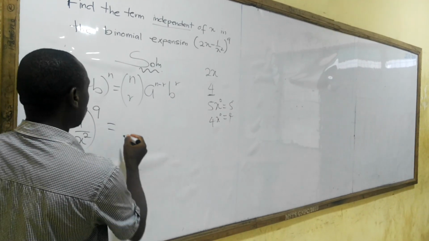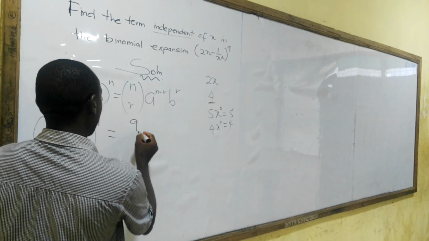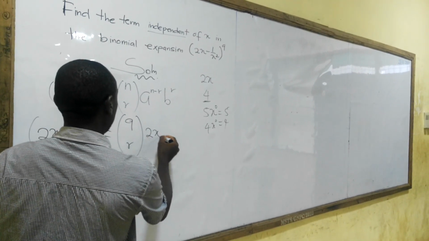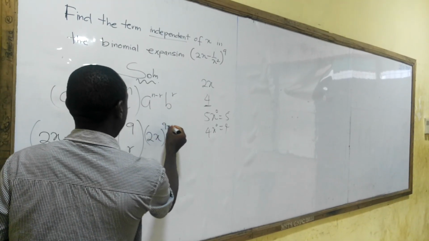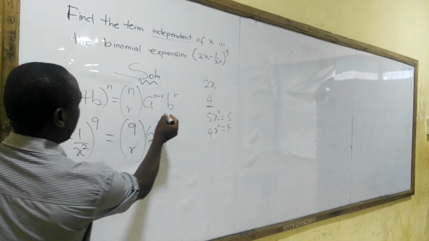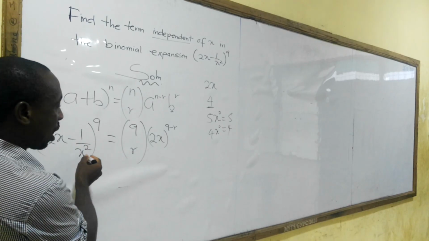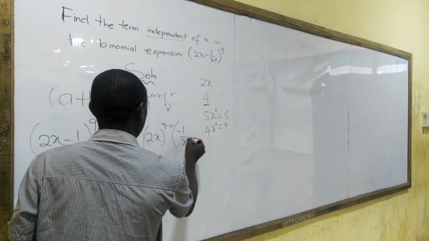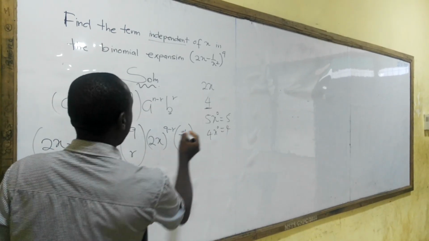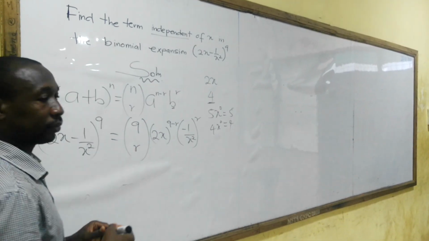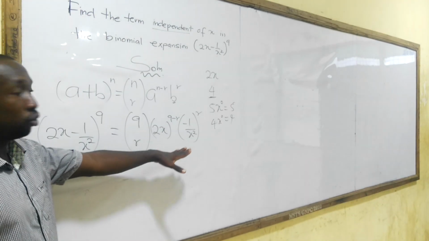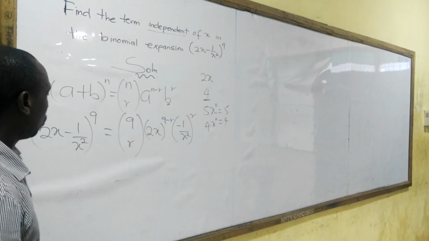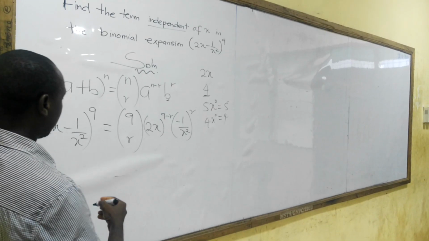And so this turns to 9 combination r, 2x to the power 9 minus r, and our b is negative 1 over x squared, all to the power r, according to the formula. The next thing for us to do is to simplify this expression. So let's see how the simplification is done.